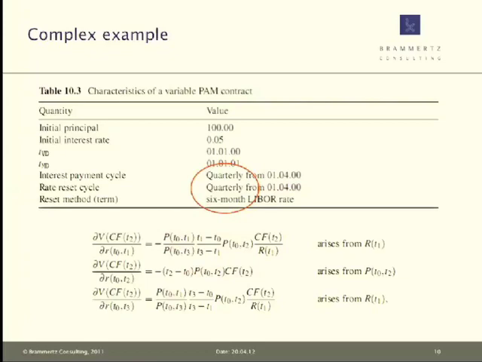Then you do discounting, everything as you know it. But if you reprice every 3 months on the 6 months rate, you introduce additional risk factors. And that makes the discounting more complex. And of course, we could have even more complex examples than that.